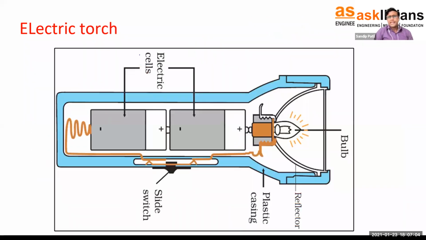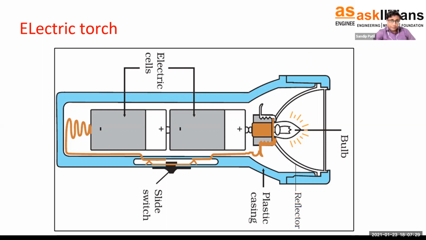Now next one is the electric torch, right? Nowadays we don't use the torch, we have the mobile, and mobiles have batteries. But in the old times, there used to be this type of battery. As we already know, small cells are there.